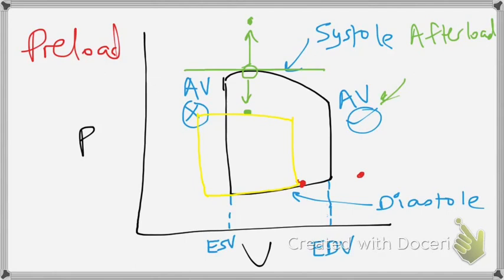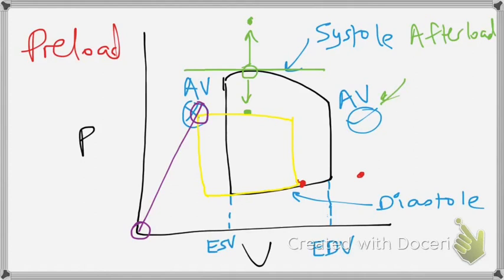Now there's another thing I want you to notice: there is an imaginary line drawn from this point to this point. This line represents the contractility of the muscle, and this contractility is affected, for example, with drugs or probably the blood supply to the heart, the myocardium itself.